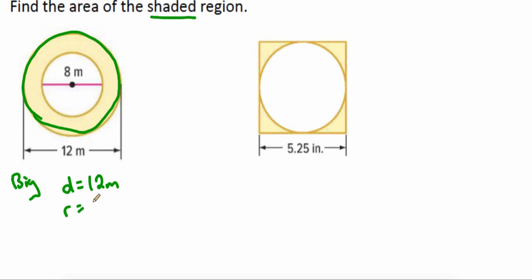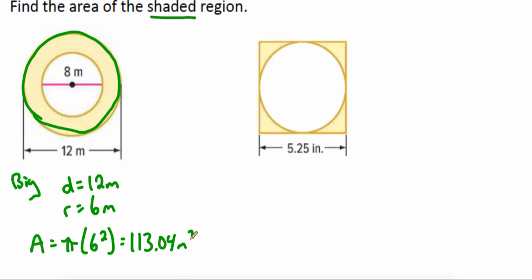My radius is half of that, 6 meters. To find my area, I do pi times the radius squared. 3.14 times 6 squared gives me 113.04 meters squared.